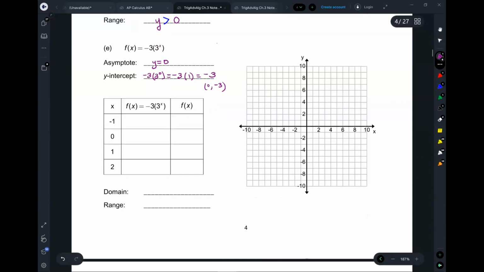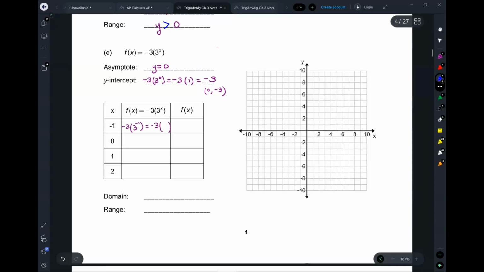So again, growth. So -3 times 3 to the -1. So 3 to the -1, right? If it's a negative exponent, the 3 will become its reciprocal, 1 over 3 to the 1. So that would be -1.